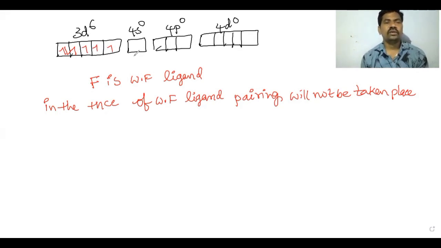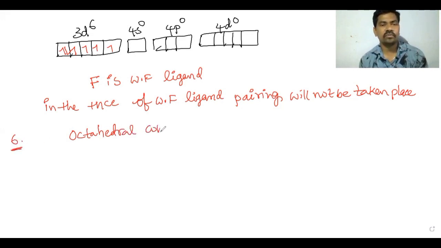Now we need to keep in mind it is an octahedral complex. What is the coordination number of cobalt here? 6 is the coordination number. A coordination number of 6 means it is an octahedral complex compound.